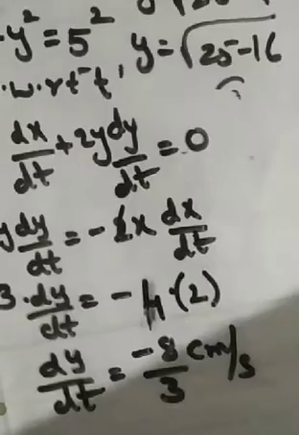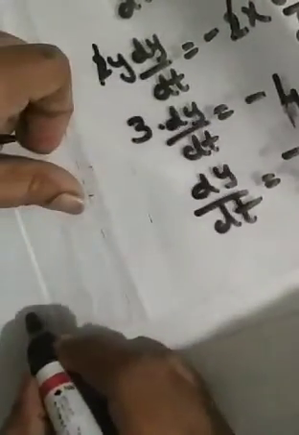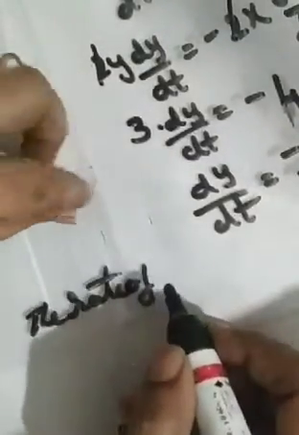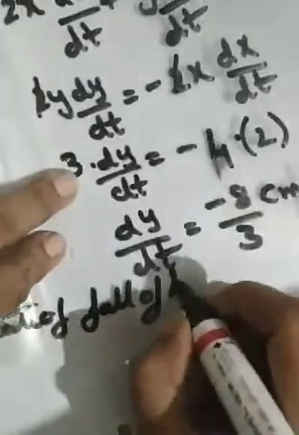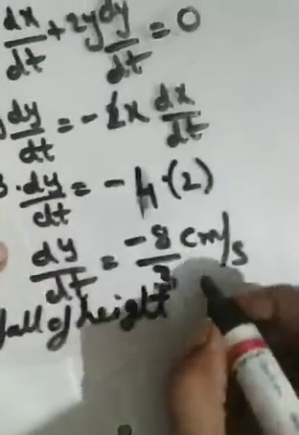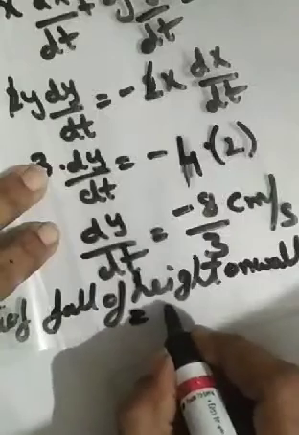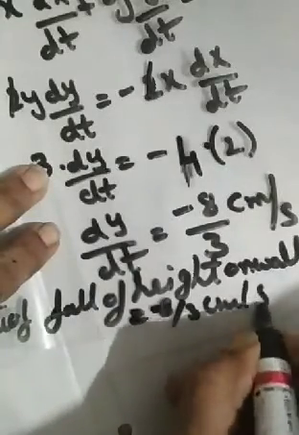Write down the statement that the rate of fall of height on the wall equals 8 by 3 centimeter per second.